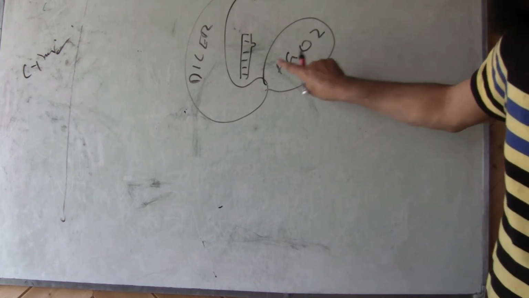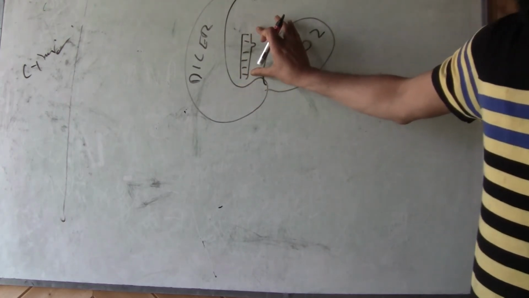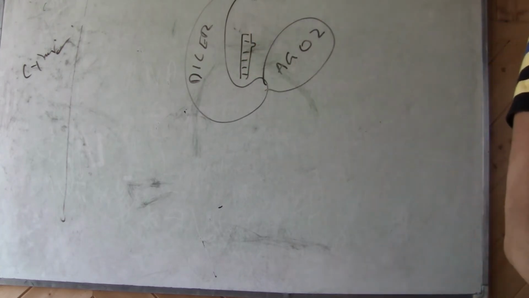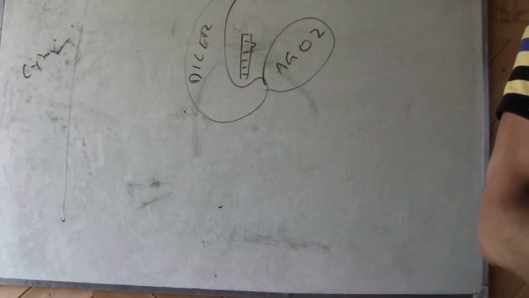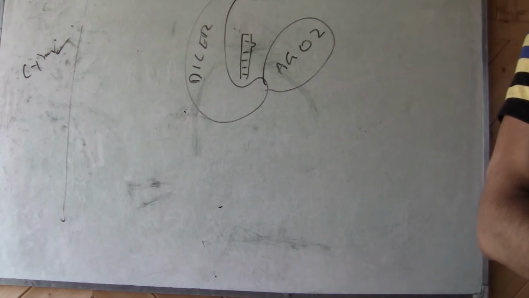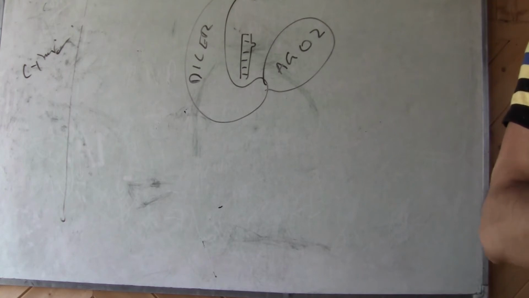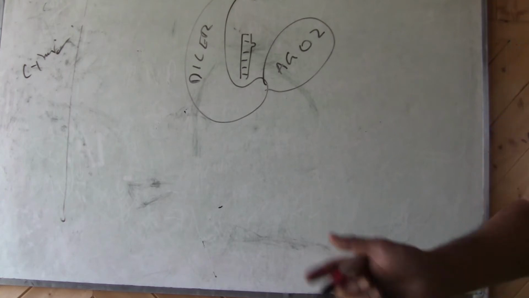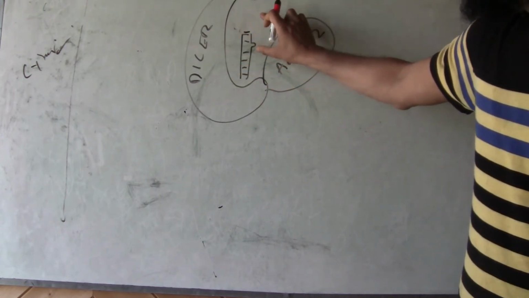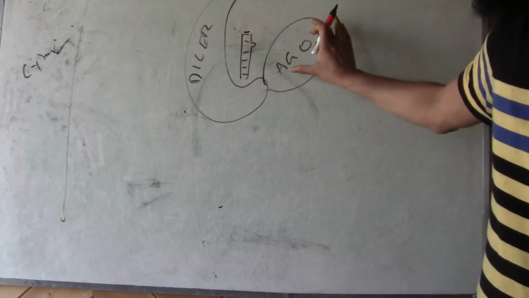This AGO2 recognizes Dicer and this pre-microRNA structure. So the function of Dicer is to cleave the loop, and then it translocates this RNA to the AGO.